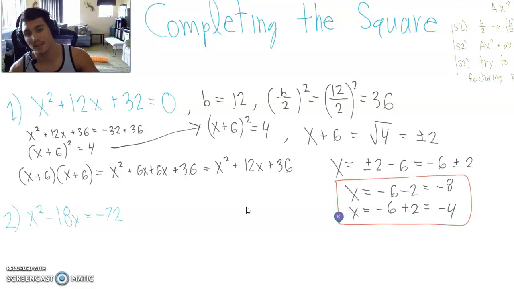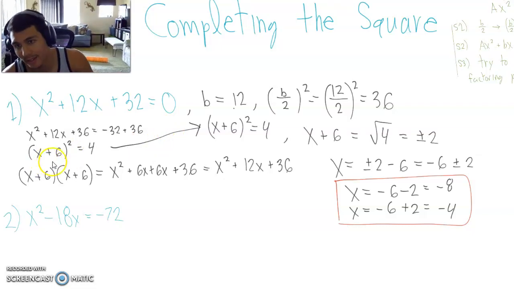Right? Let's think about this. So what did you do? You found b, you divided by 2, and you squared it. We got 36. So you add 36 on one side, add 36 on the other side. Then you find a combination of numbers that will recreate x squared plus 12x plus 36.